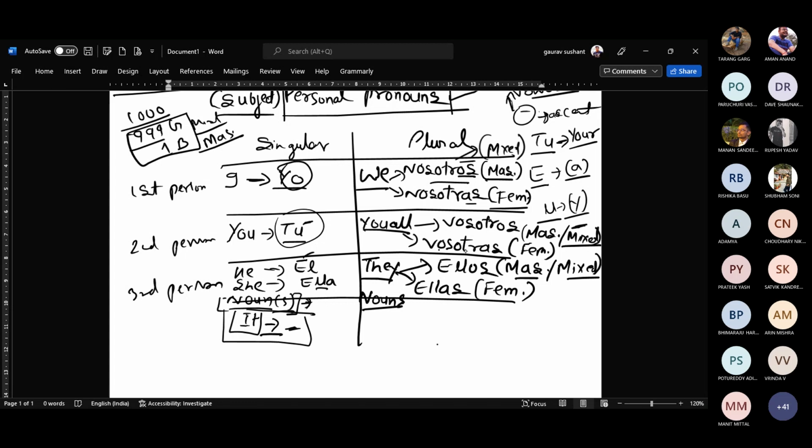In English you don't have any particular gender for we, you all, or they, but in Spanish you have a gender for we and you all: nosotros, nosotras, vosotros, vosotras.